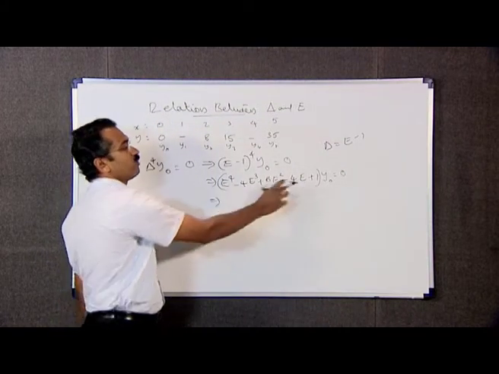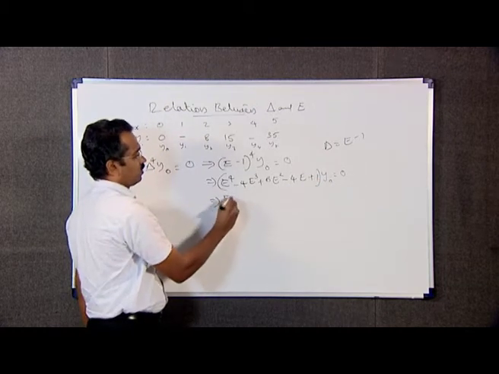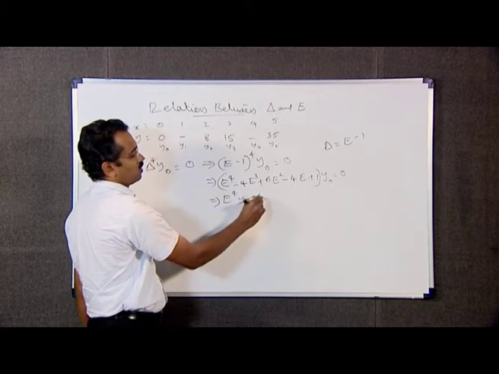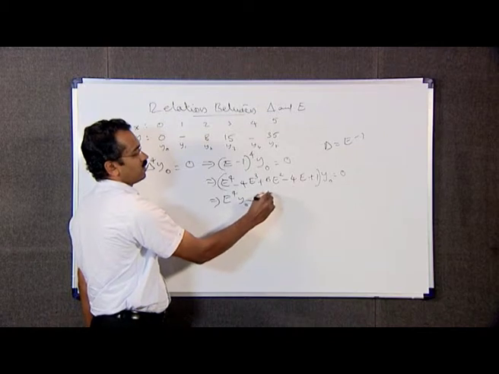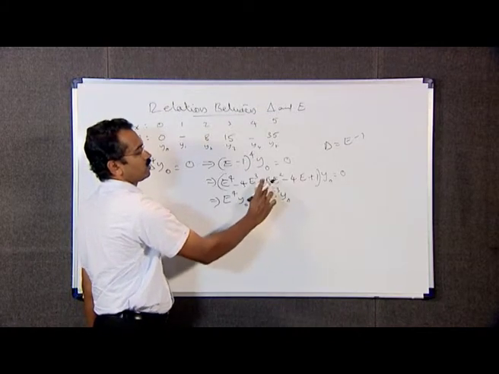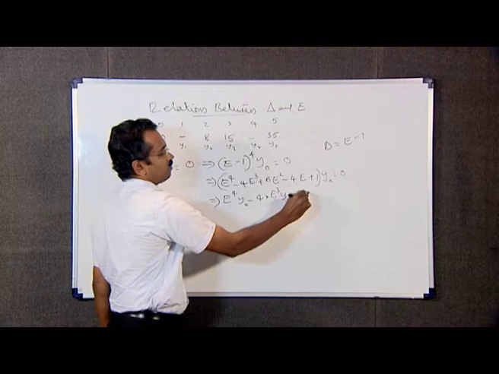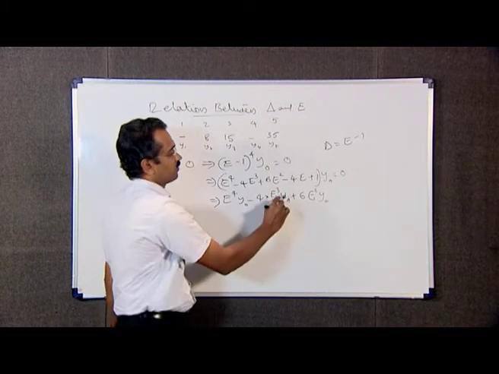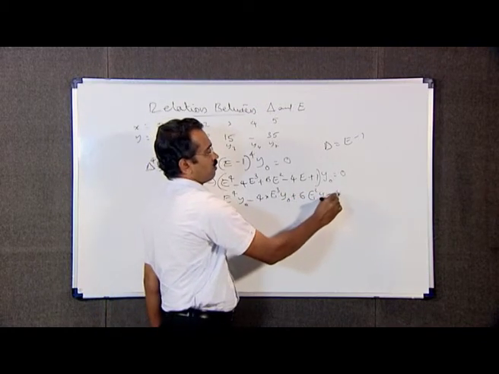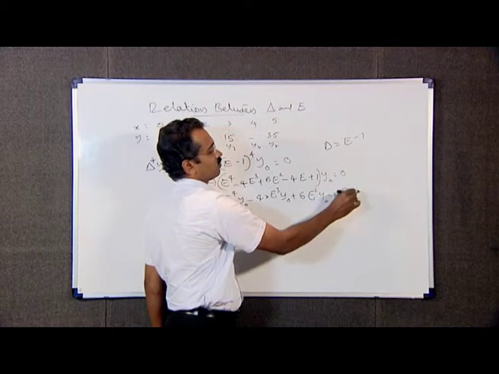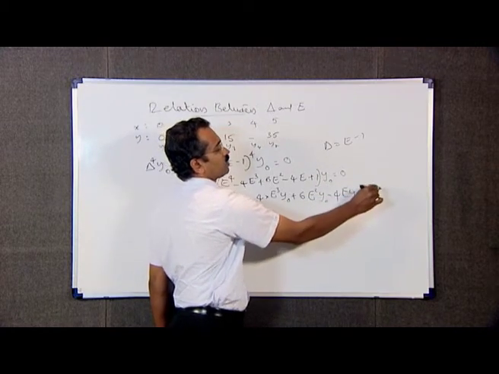That is E raised to 4 y naught minus 4 times E cube y naught plus 6 times E square y naught minus 4 times E y naught plus 1 y naught is equal to 0.